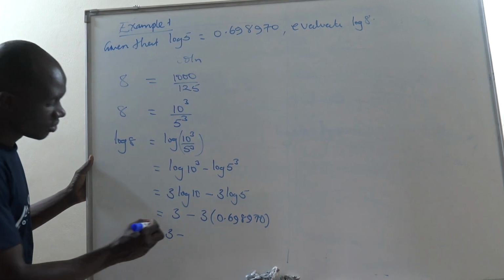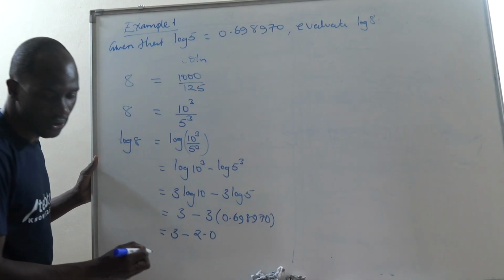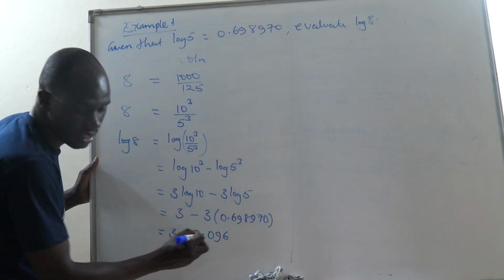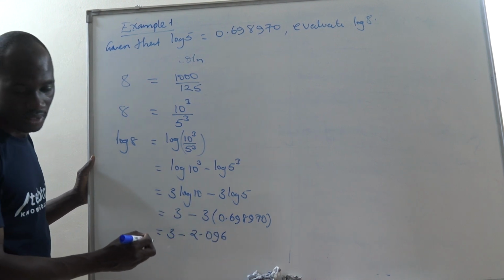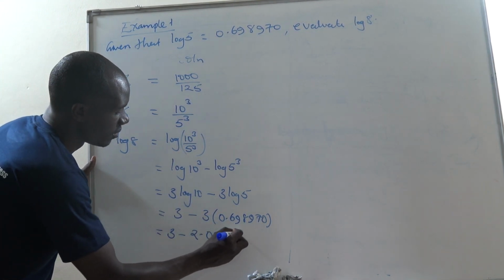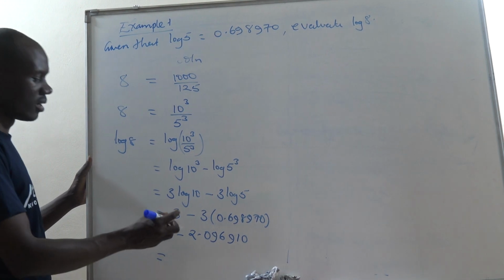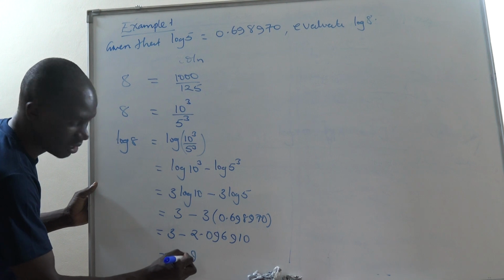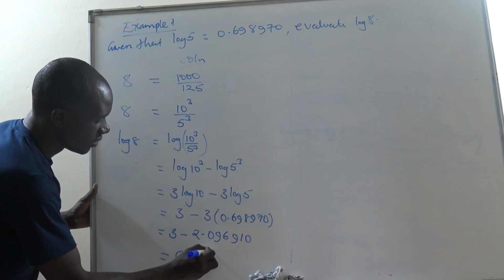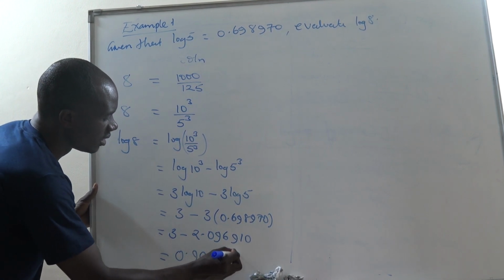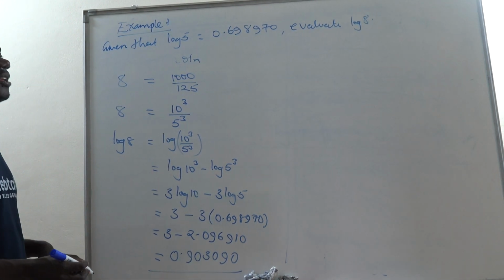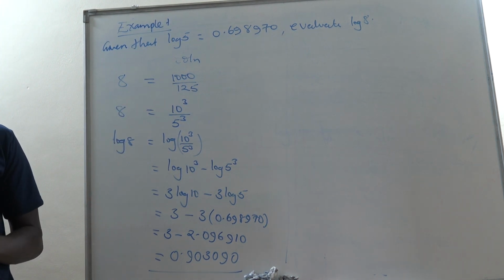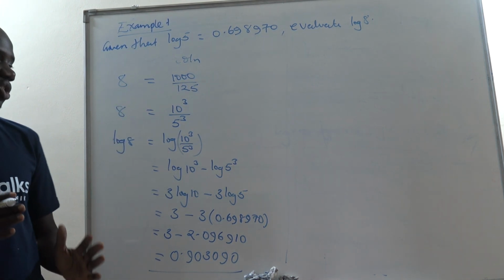We are getting 2.096910. Then we apply the usual subtraction. What are we getting? We're getting 0.903090. Then you have already achieved the best on that. So when the numbers come in that manner, I expect you to do the same.